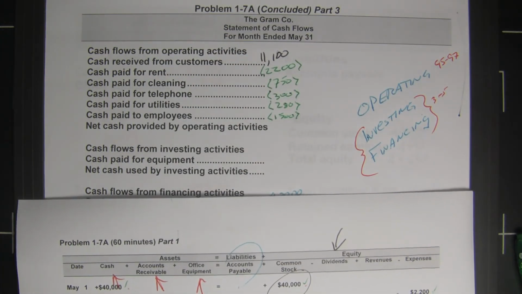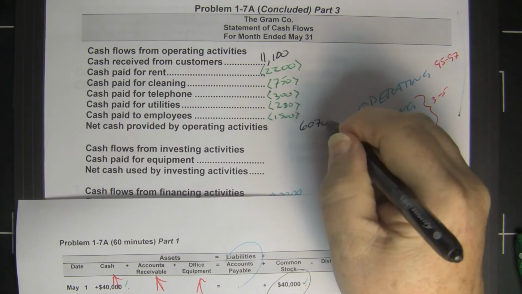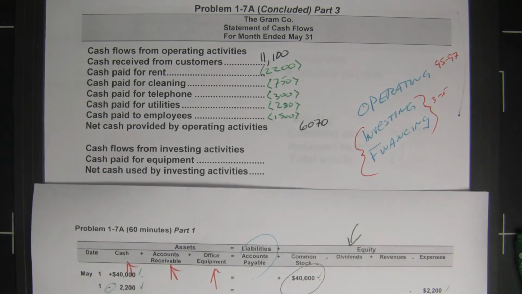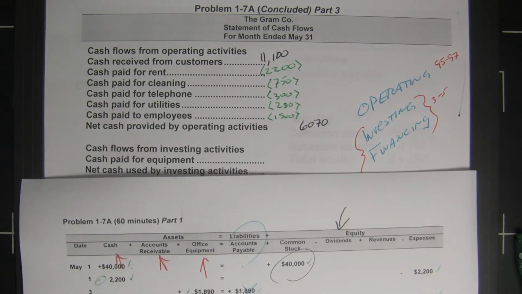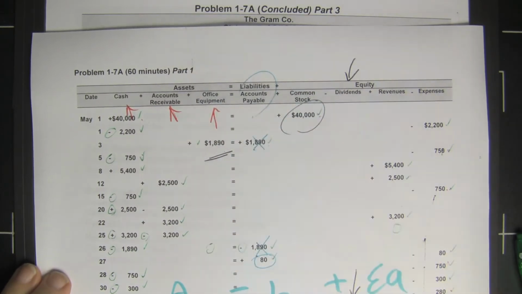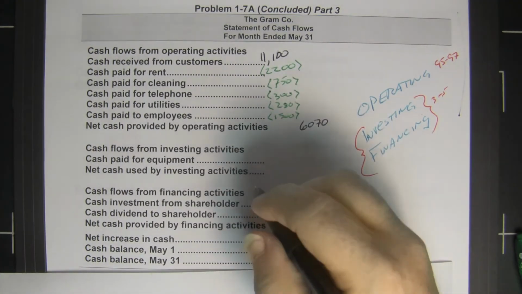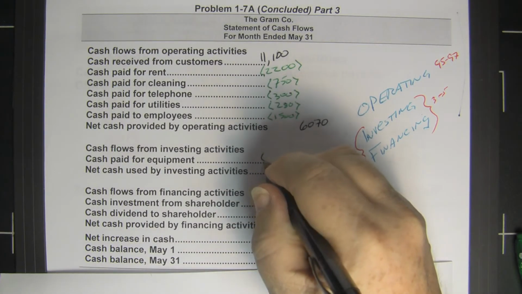So our total cash from operating activities was $6,070. Our cash paid for investing activities was just this. The office equipment for $1,890. So that's all we spent.